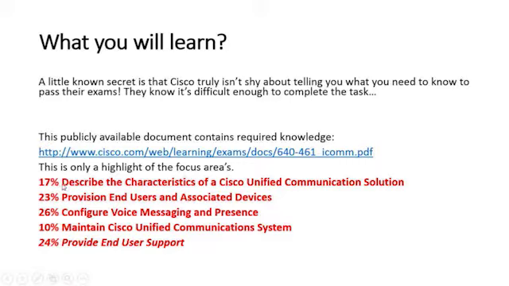This is where I've designed the key concepts around this class to make sure we cover all of these things. You can see 70% is describing the characteristics of a Cisco Unified Communications solution. 23% is about provisioning end users and associated devices. 26% is about configuring voice messaging and presence. 10% is maintaining the Cisco Unified Communication System. And 24% is providing end user support.